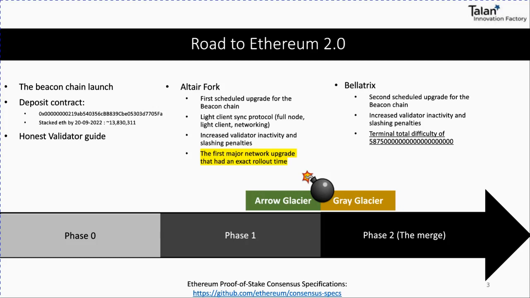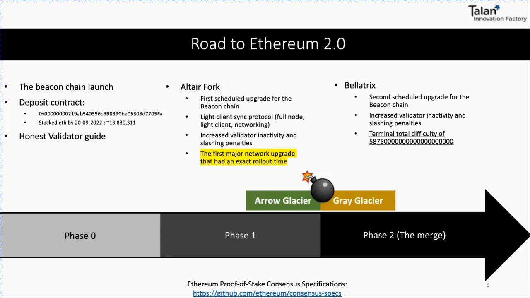Of course, in the first phase we also have the honest validator guide, with the different steps that define the installation and the clients you need to run in order to have a validator. That's during the first phase, or phase 0. Then in the next phase, we have the Altair fork upgrade.